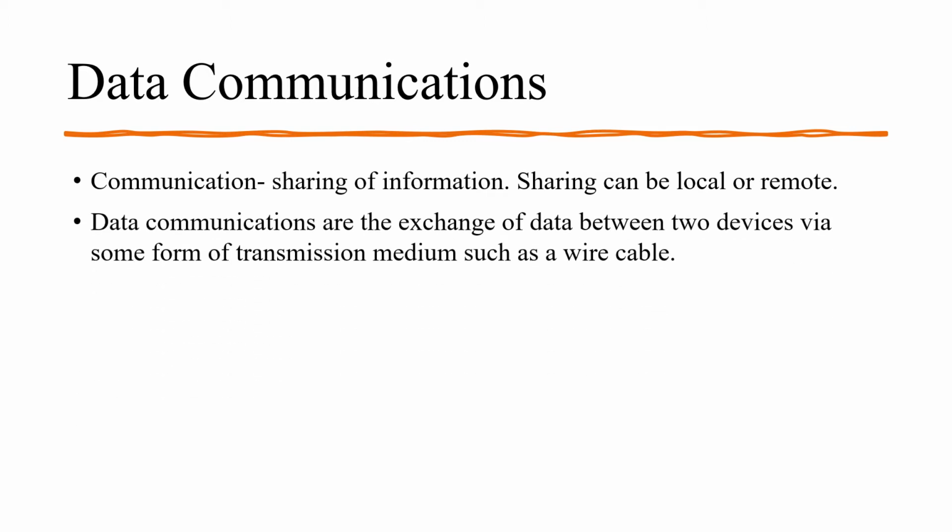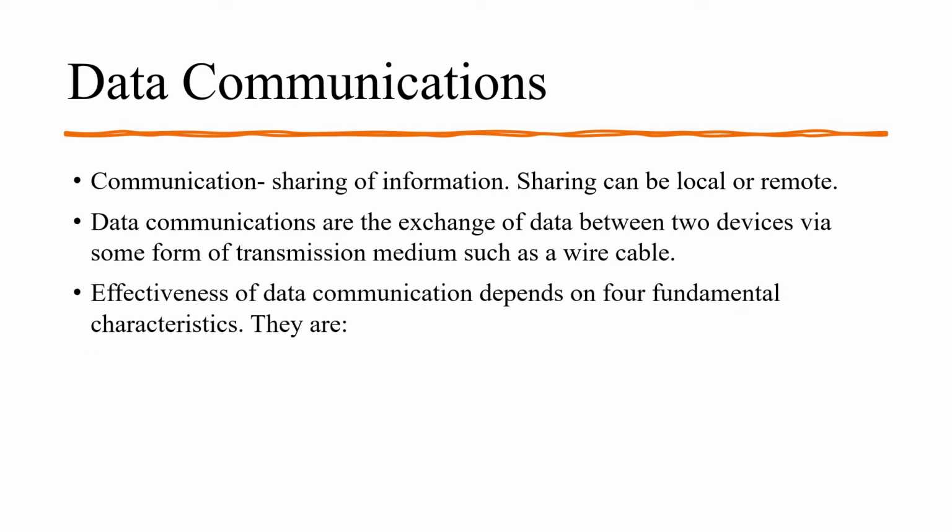Data communications are the exchange of data between two devices via some form of transmission medium such as a wired cable. For effective communication, communicating devices must be a part of the communication system made up of a combination of both the hardware as well as the software.